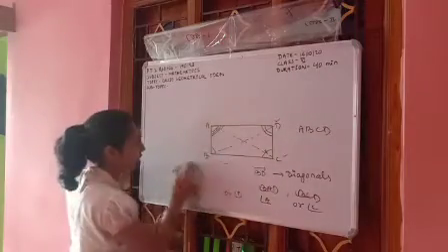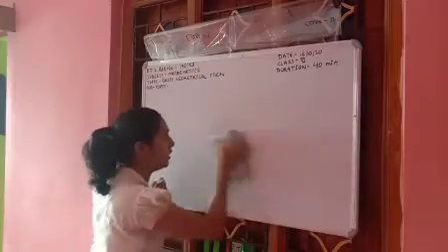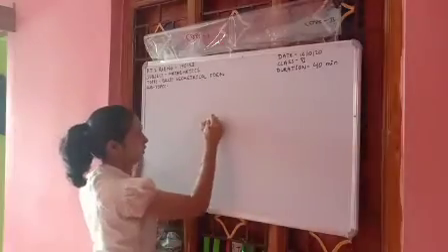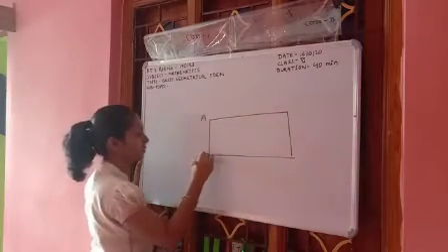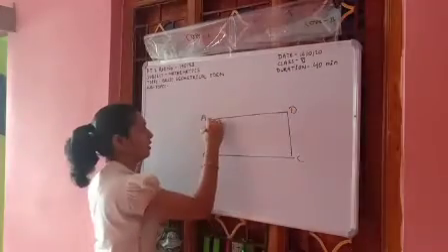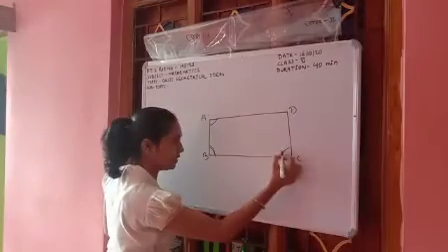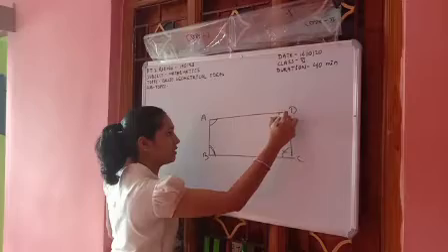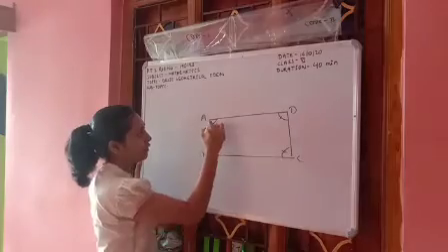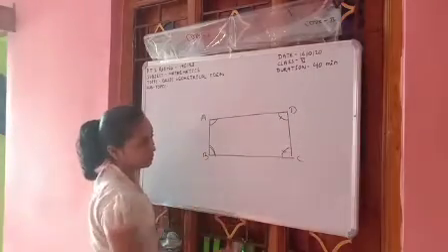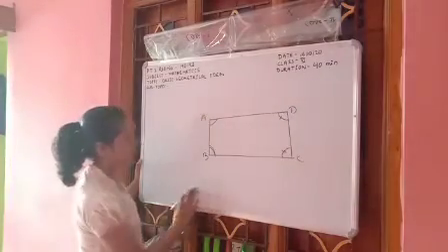Then we see what the adjacent angles and what the opposite angles are in the quadrilateral. This is the figure A, B, C and D. This is angle A, this is B, this is C, and this is D. I have marked them with different steps so that you can identify them easily.